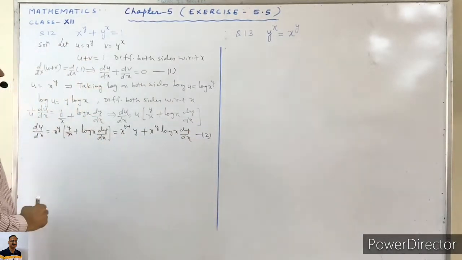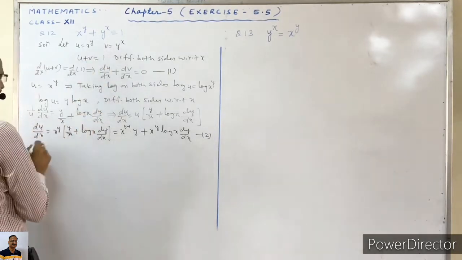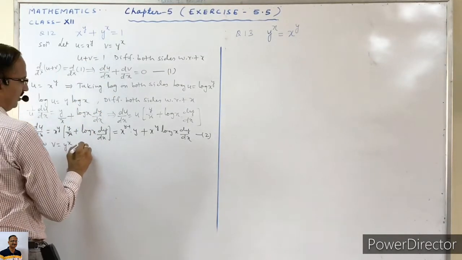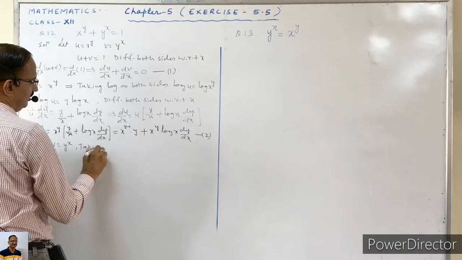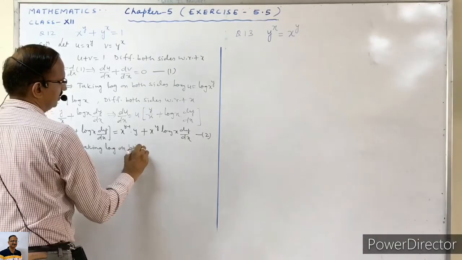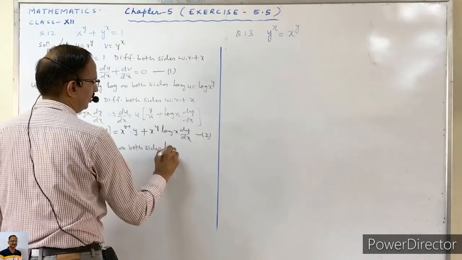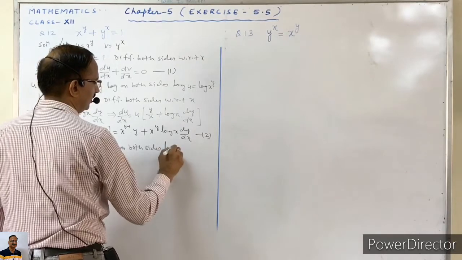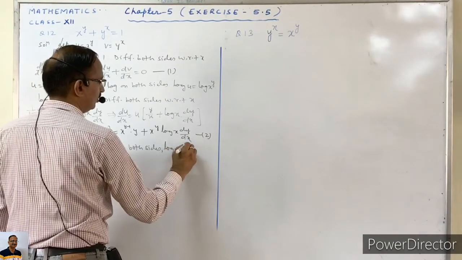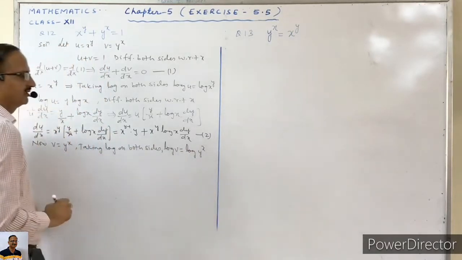Now we will find the value of dv by dx. So v is, now taking log on both sides, then we will get log v equals to log y raised to power x.